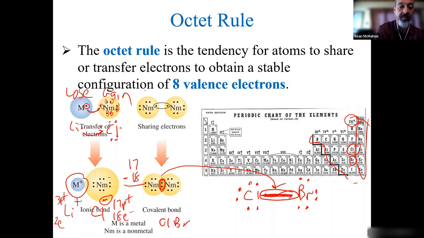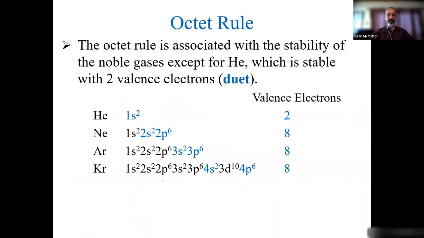So non-metals and non-metals share because they have too many to lose, and no one wants to lose, so no one's really gaining. They're just willing to compromise and share. This all boils down to the electron arrangement of the atoms. That's why the electrons are so important, and this goes back to the stability of the noble gases.